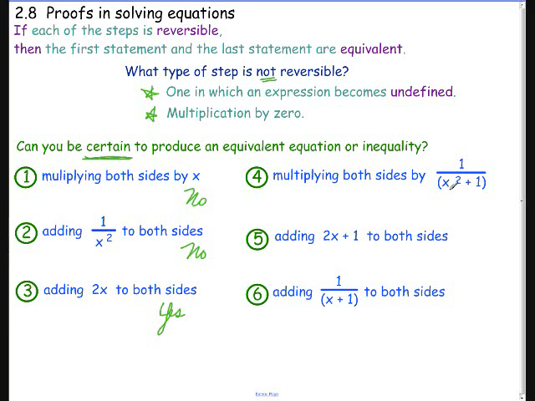If x were a negative number, it's going to become positive, so this one would be okay. It's not going to become undefined. Adding this to both sides, that would be okay. How about this one? Well, here again, we may get into a situation of it becoming undefined. What if x were negative 1? So this would be a no.